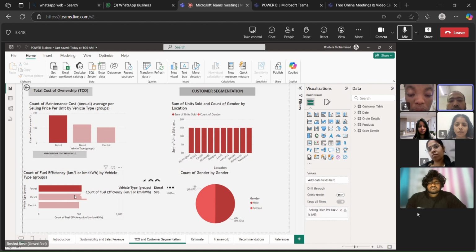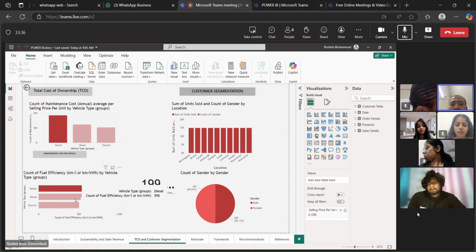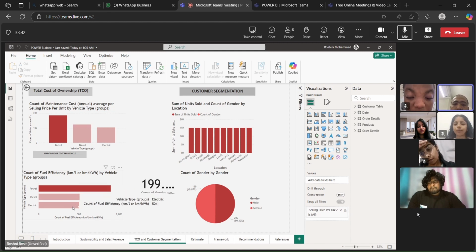There is one table with three types of vehicles: petrol, diesel, and electric. The diesel vehicles' count of efficiency is 898, the other diesel vehicles' count of efficiency is 598, and electrics is 504.